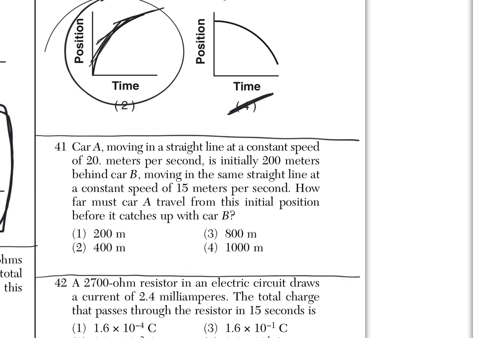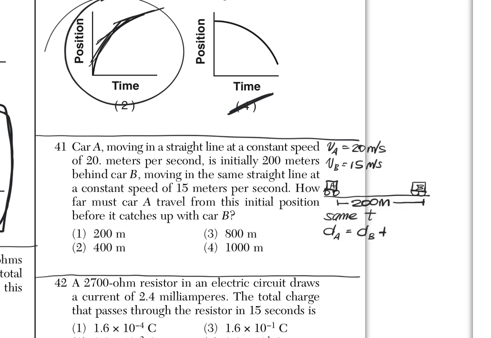In order to catch up with car B, A goes the same distance that B goes, because B travels a certain distance, so A has to cover that. And then it also has to cover an additional 200 meters. So the distance that A goes is the distance that B goes, plus an additional 200 meters.